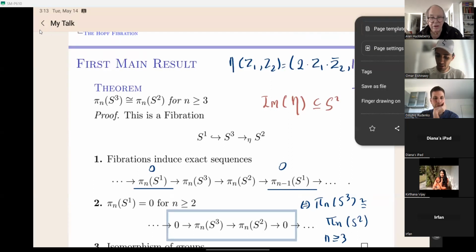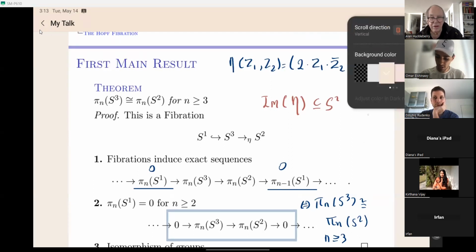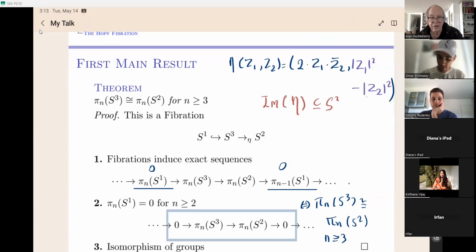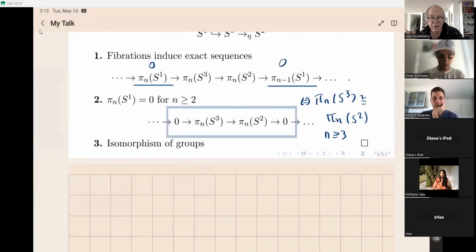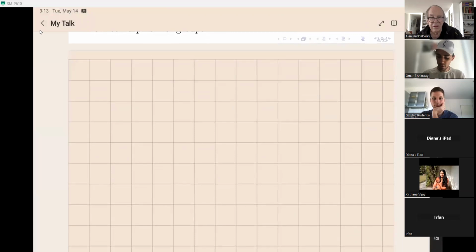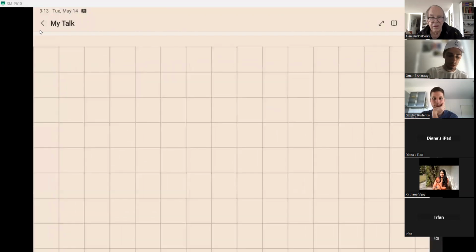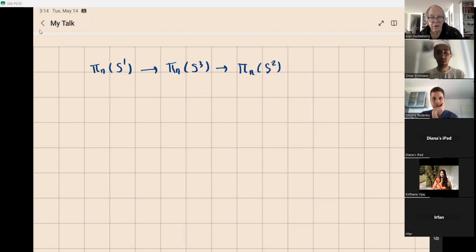So I'm just going to make a new page here. Just very briefly, we had pi n of S1, and then it was the embedding into S3, and then you get pi n minus 1 of S1. I'm ignoring the base points for now.